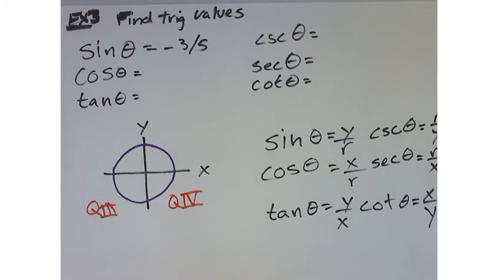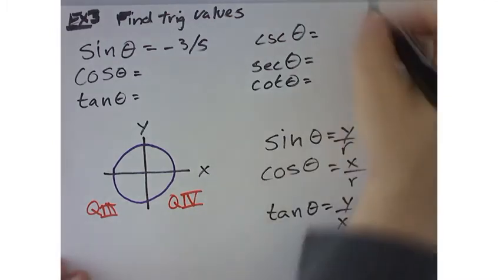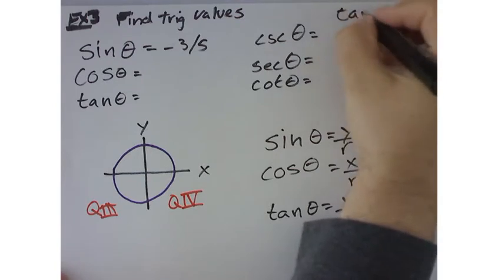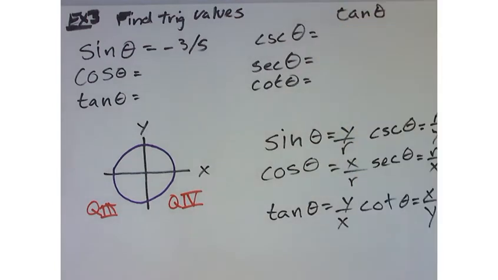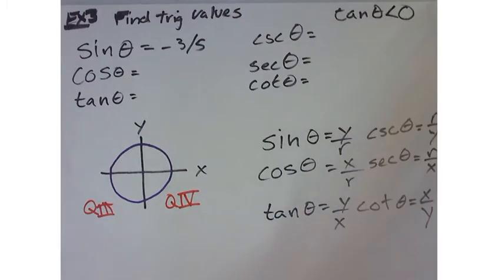Now if we need to determine where it takes place, one little thing that I didn't write down at first, and waited purposefully till the end, is that the textbook gives us some additional information that lets us know which quadrant to pick. It said tangent of theta is less than 0. So we need to find a quadrant where tangent of theta is less than 0.